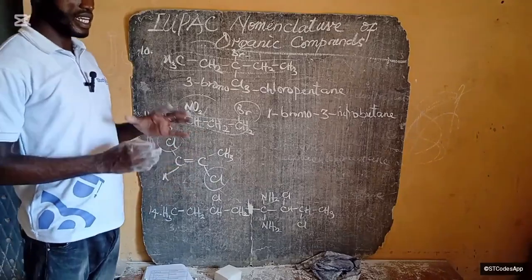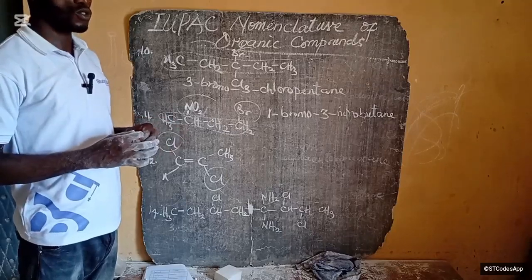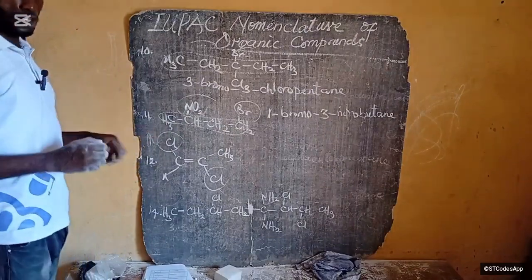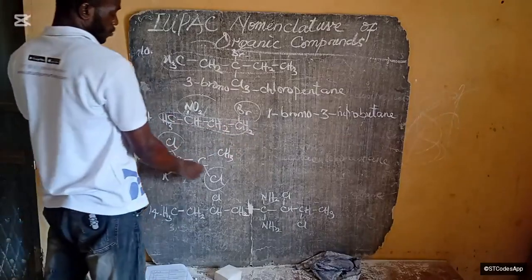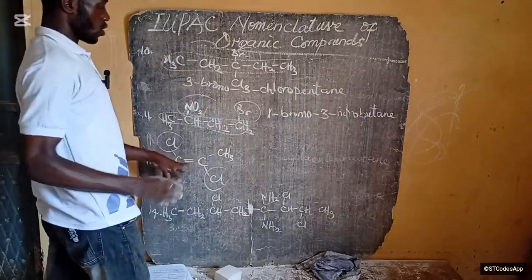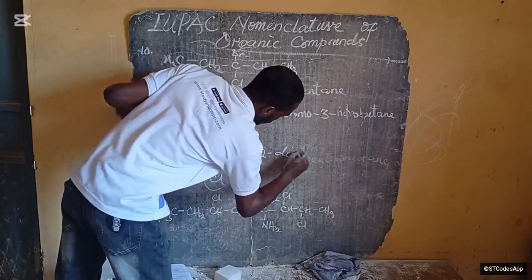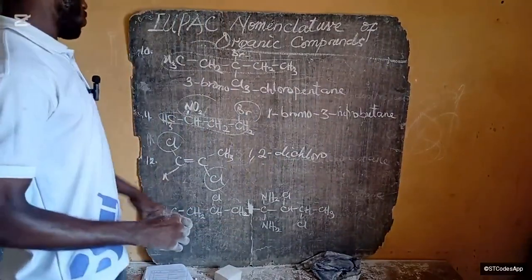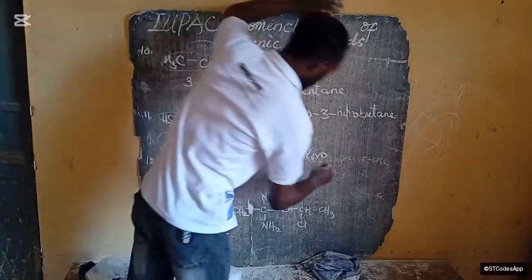There is a respect we give to the spatial geometry. We don't just draw them anyhow. Structurally, we have prop here, and we have 2 substituents on carbon 1 and 2. So this will be 1, 2 dichloro, 1, 2 dichloro, propene.